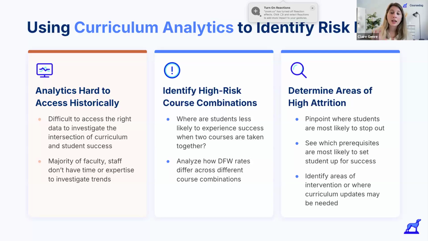And what we've seen is, without access to the necessary information, any curriculum analytics practices were really piecemeal, or just non-existent. Typically we see that faculty and staff just did not have the time or expertise needed to pull this information, interpret it, and act on it, or that reaching out to IR was really lengthy and ended up not delivering the information needed in time to then propose changes.